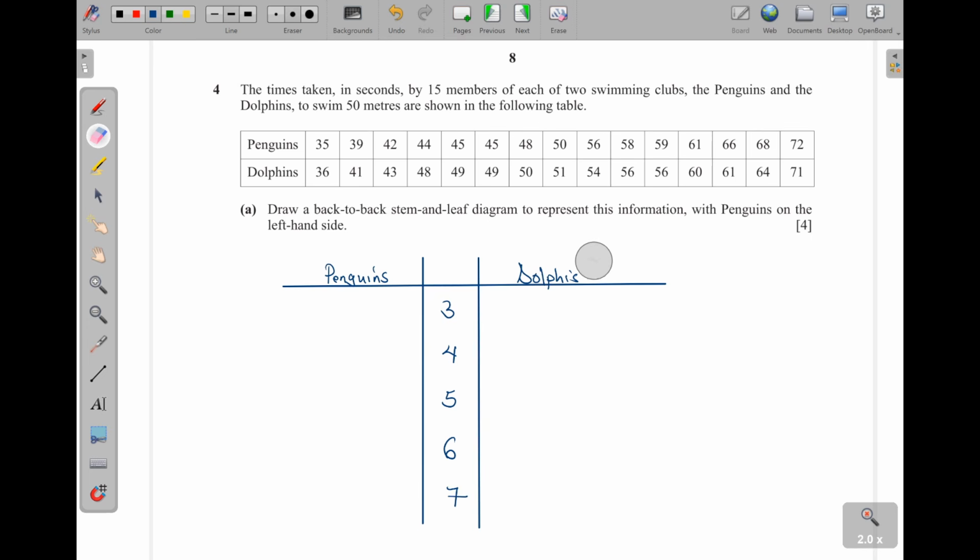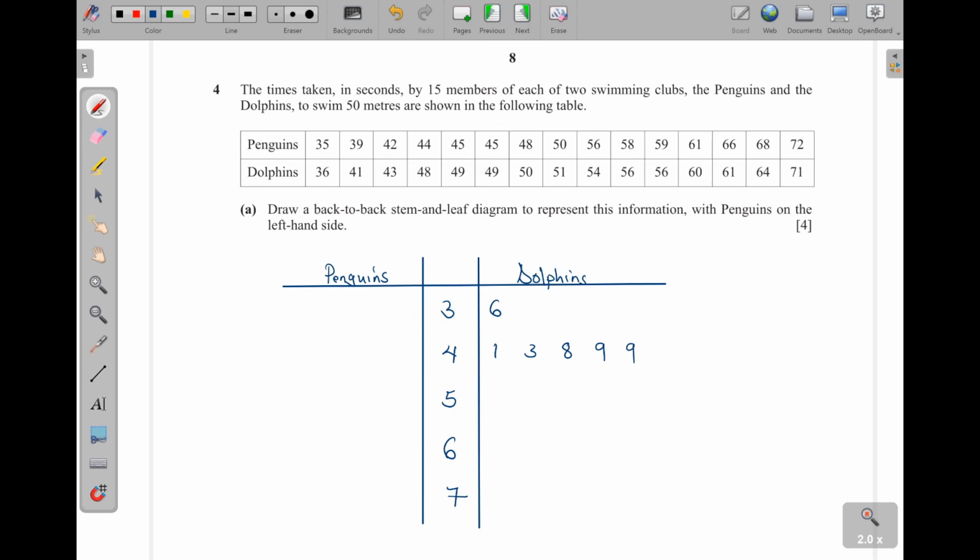Okay, this is dolphins. Now, for dolphins, we are having 36 only. So I'll write a 6 here. Then when we go to 40s, there is 1, 3, 8, 9, 9.